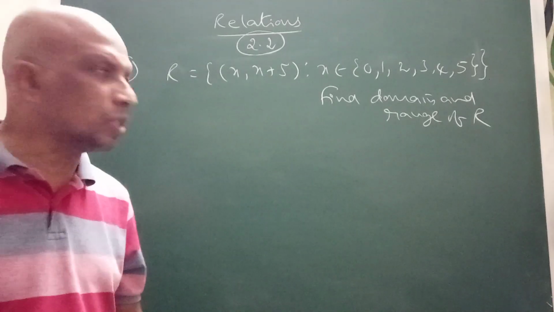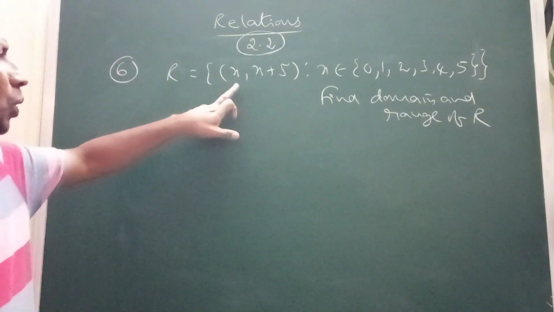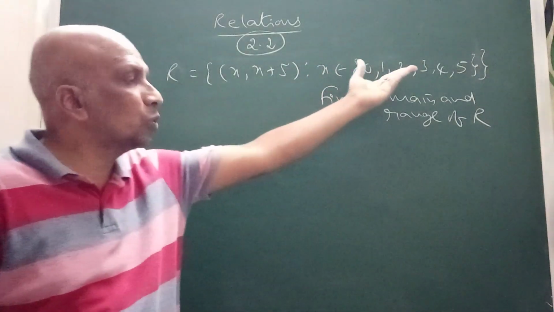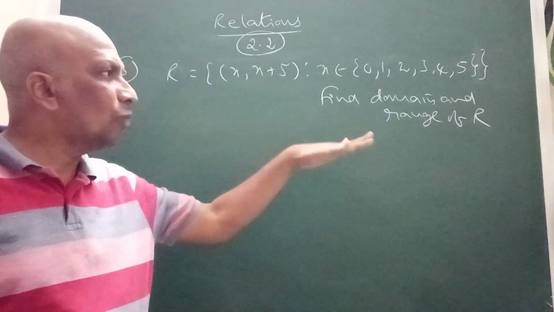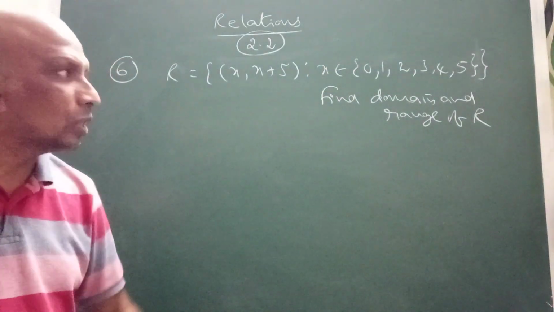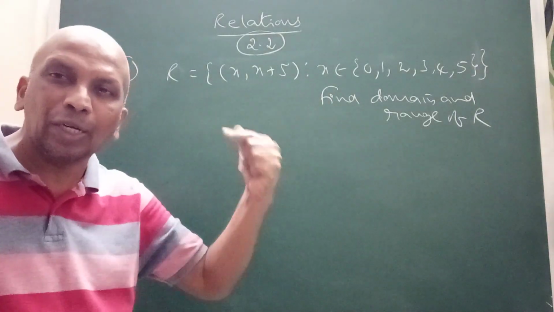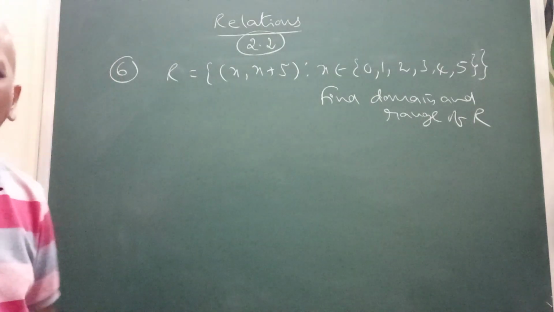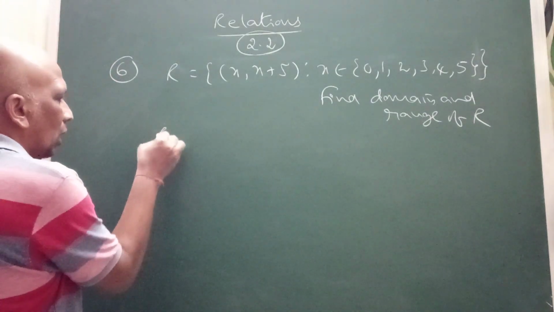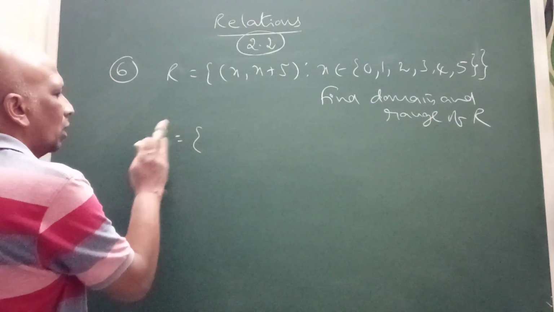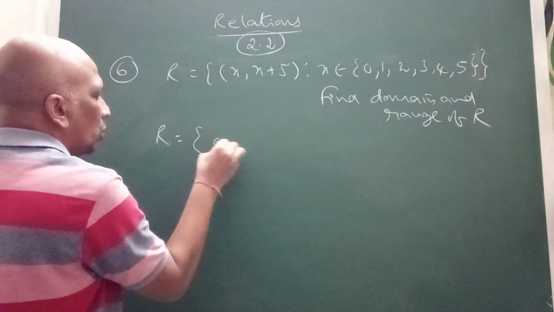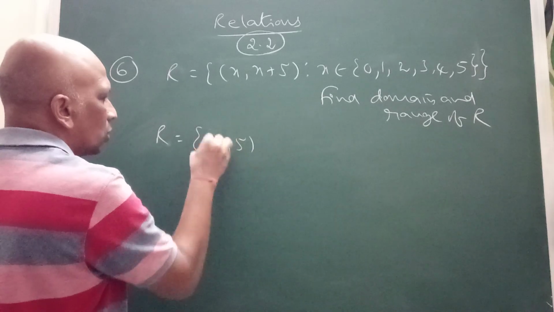Now see in the sixth problem, the given R is equal to the ordered pairs (x, x plus 5), where x belongs to this set. They are asking to find domain and range of R. They have given set builder form, so first I will write roster form. From that we can write domain and range of R. R is equal to, you take the first element 0, so 0 plus 5, (0, 5).